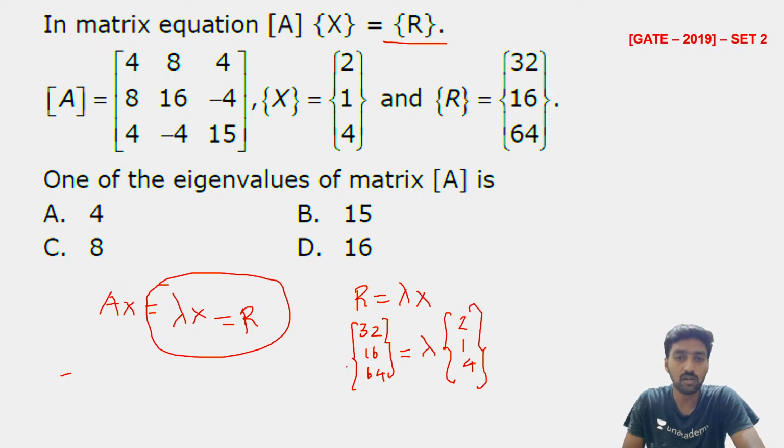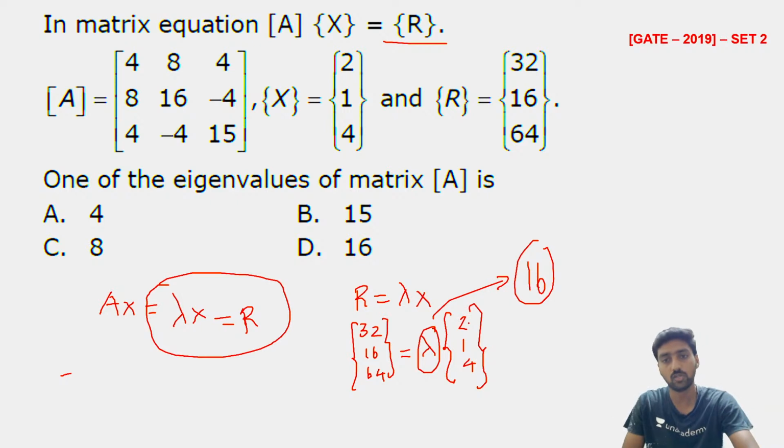What value multiplication makes RHS equal to LHS? Therefore, lambda is equal to 16. Substitute 16: 16 into 2 is 32, 16 into 1 is 16, 16 into 4 is 64. Therefore, option D is the right solution for this question.